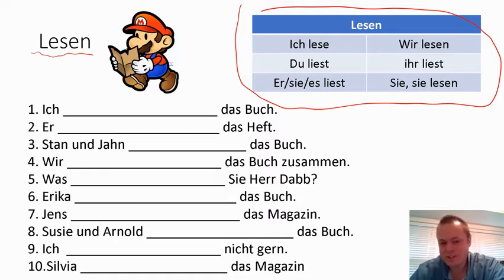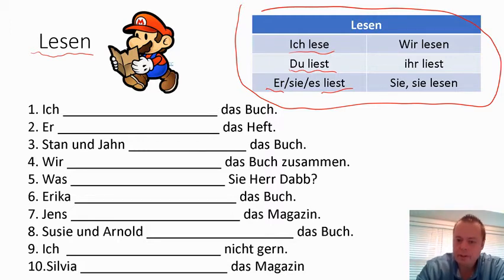Not so much in English, but if you want to say I read, you would say ich lese. If you want to say you read, you would say du liest. If you want to say he reads, er liest, and that, by the way, is one person, then that one person gets that. So, for example, Herr Dab liest das Buch means Herr Dab reads the book.